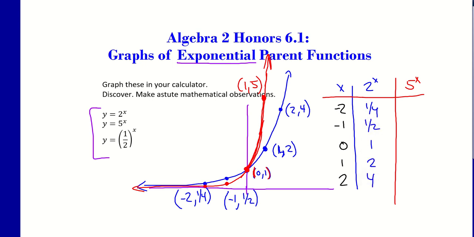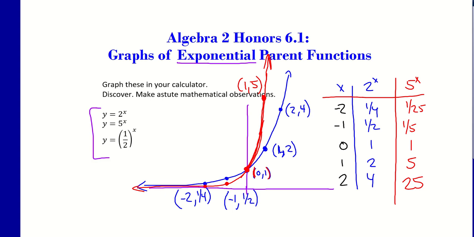And the function 5 to the x, as you can see from your calculator, would go through the points 1/25, 1/5, 1, 5, and 25. Your calculator is going to give you most likely decimals instead of fractions, and you could convert those to the fractions that I have in this table here.